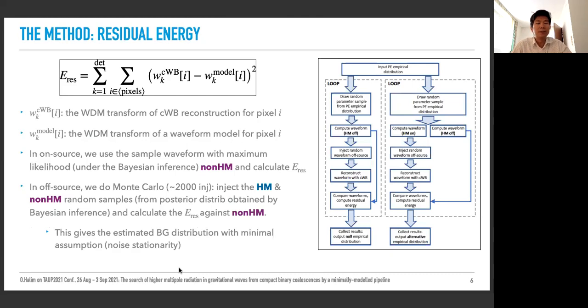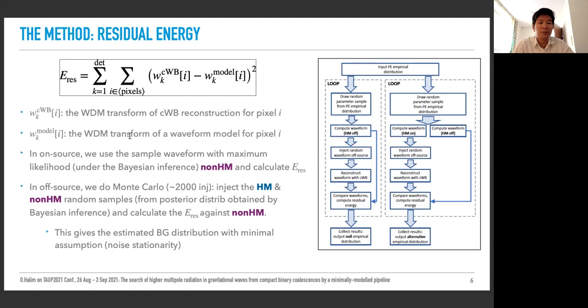So the residual energy can be written in this equation, which means the sum over all the detectors and the sum over each pixel that we are taking into account, of the squared difference between the WDM transform of the cWB reconstruction for pixel i and the WDM transform of a waveform model for pixel i.